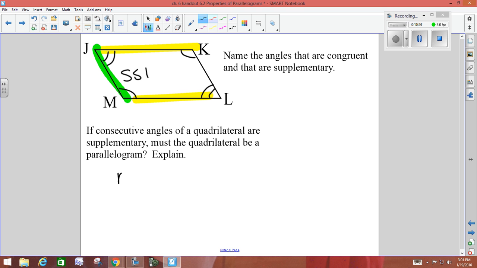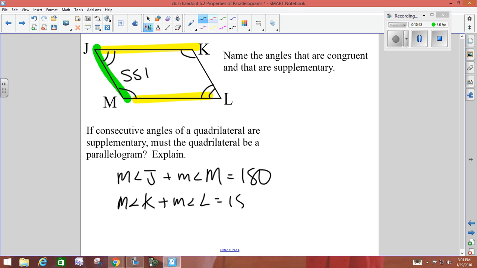So they have to add up to what? Did you already say that? Okay. What other angles add up to 180 then? Good, K and L would have to add up to 180. Any other ones? J and K. Any other ones? M and L?